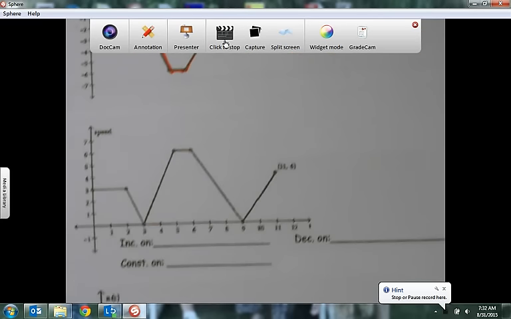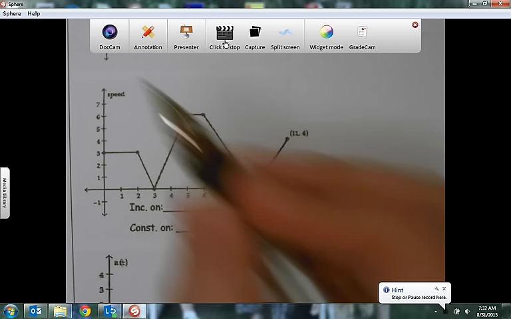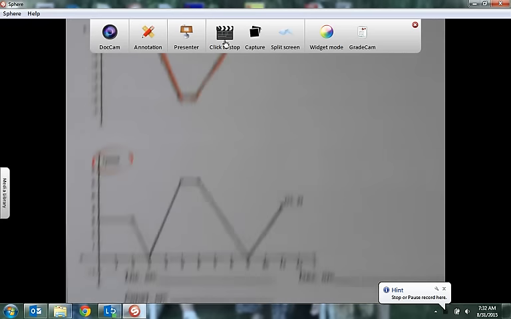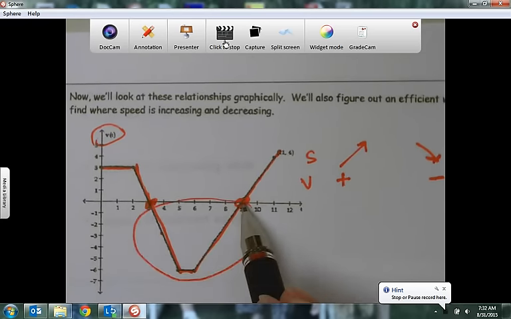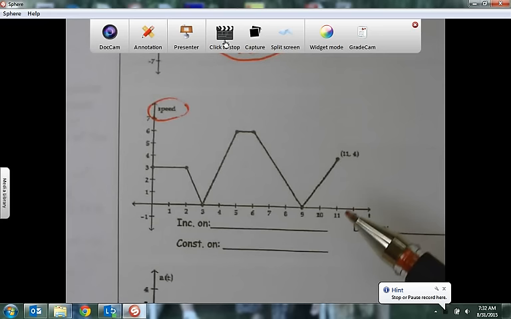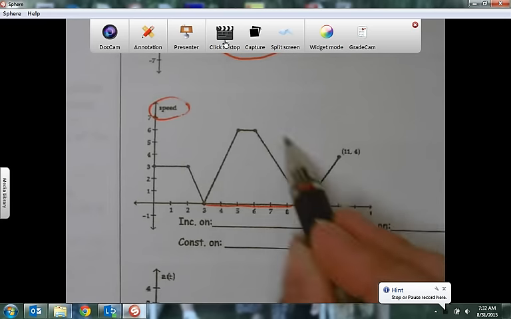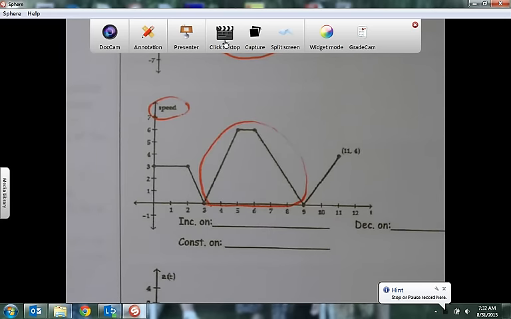Alright, so here let's say that this is my speed, and you can see that all I did was take this part down here below, because it takes the absolute value, and flip it up right here.